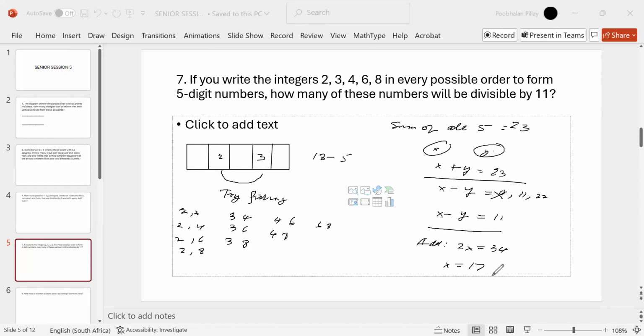If x is 17, it means that y is 6. So y, that's the sum of 2 numbers, is 6. So I must look for which 2 numbers add up to 6 here. You see, the mathematics allows you to eliminate guesses. That's beautiful. That's a nice thing about mathematics.